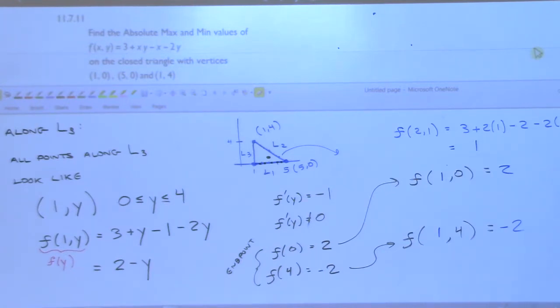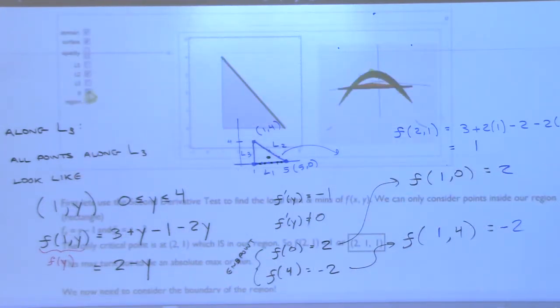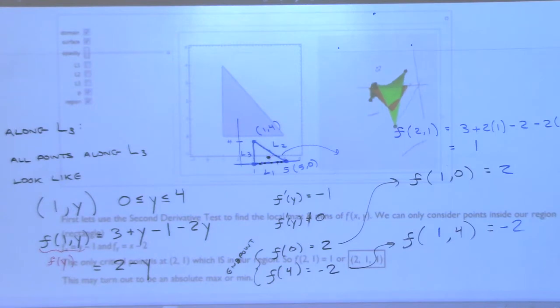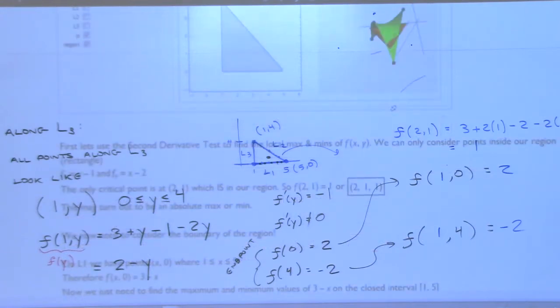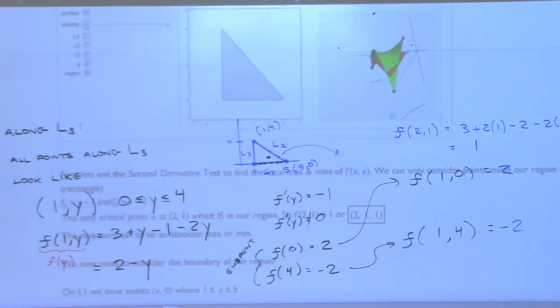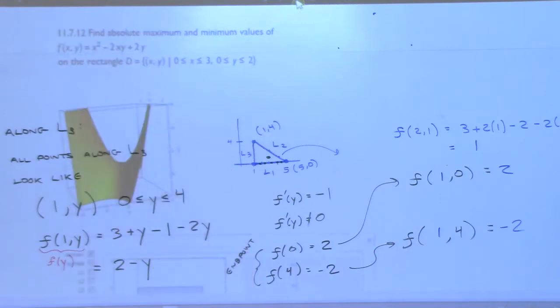So that's why in our picture we have 4 points. There's 2 places where it was 2 and 2 places where it was -2. All right. That's fun. That took 40 something minutes. I told you these would be a little bit more involved. Have I delivered? Yes? Let's do another one.